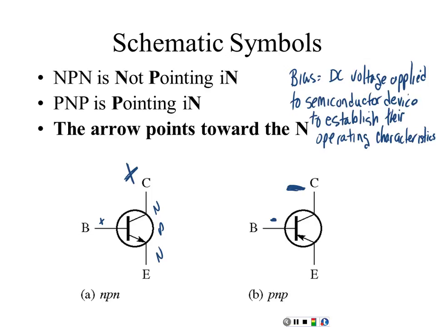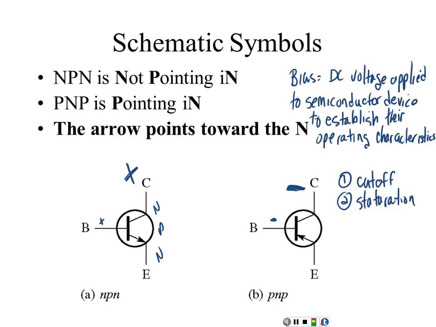And we have three regions we can operate these in. What are the three regions? Cutoff to saturation. When we're cut off, we act like an open switch.